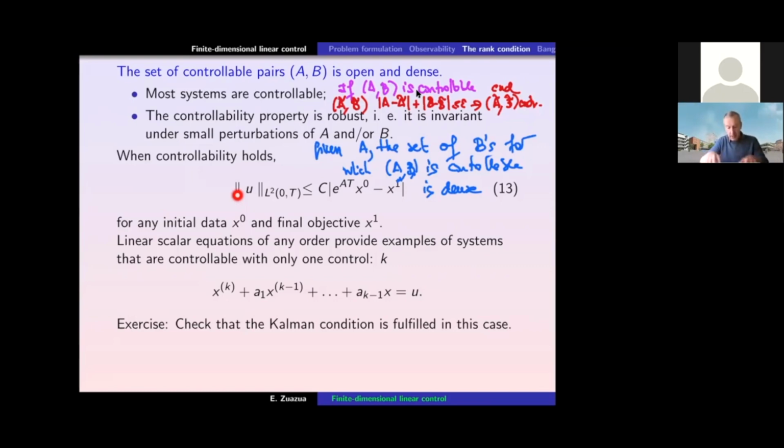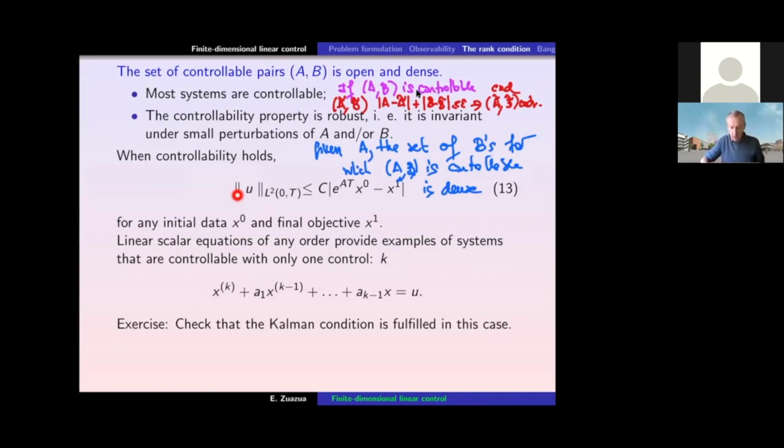Yet, it's very good to know from an analytical perspective that the control property is something that generically occurs. You can always succeed by choosing properly small variations of the system, or in particular of the control actuator. And it's open in the sense that whenever a system is controllable, the neighboring systems are also controllable.